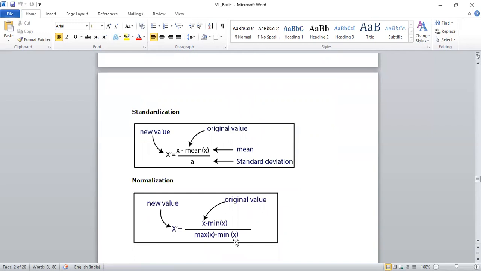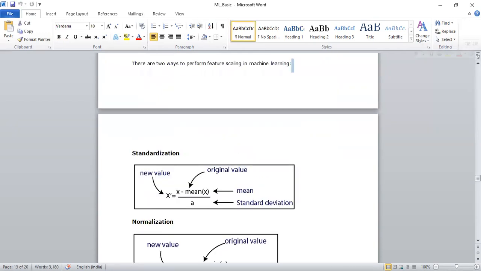So these are the two ways to perform feature scaling, to make the columns unit free.